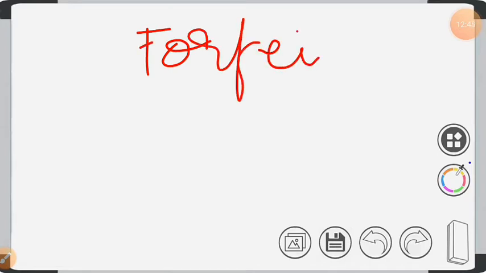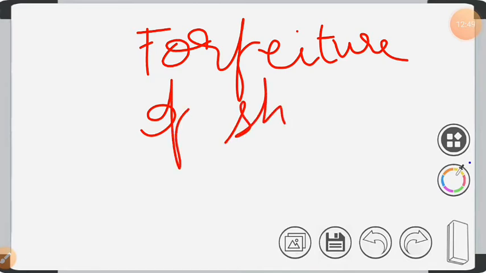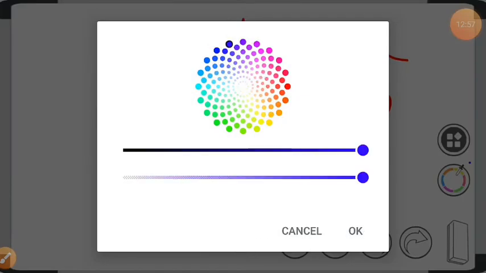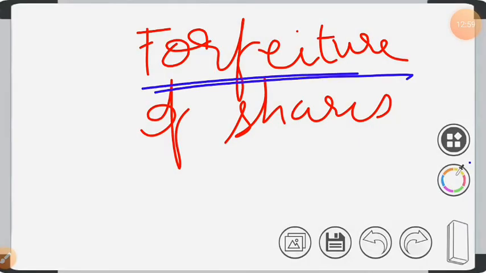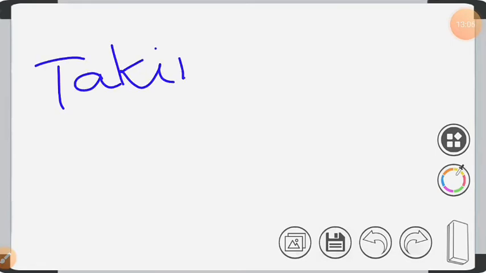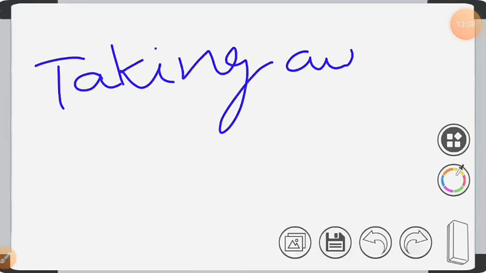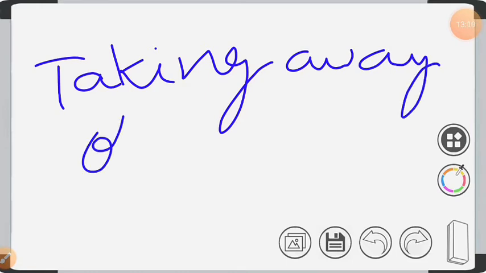Before going into the topic, let us understand what forfeiture is. Forfeiture means taking away of property, of any asset of another person.